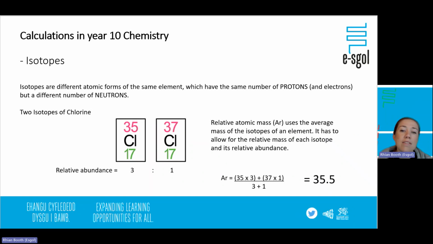So that is the relative atomic mass for chlorine, and that is the number that you would find in the periodic table. So notice that in particular when you move on in chemistry, in particular to A level, for example, you will notice that the relative atomic mass for elements, they don't tend to be whole numbers because of the presence of isotopes, okay?